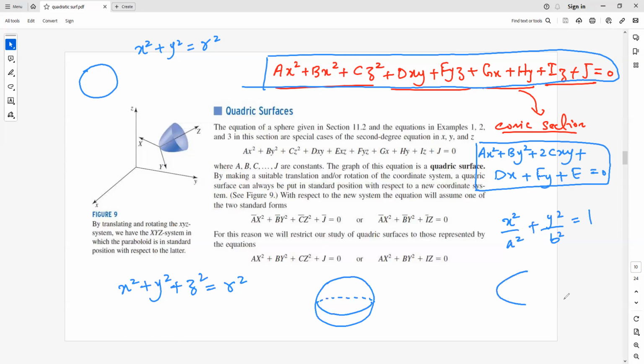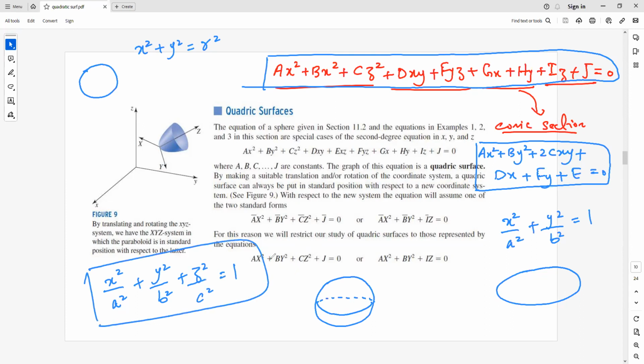this is an ellipse in 2 dimensions, but if we add one more dimension in this equation, let's see what happens. It's x squared over a squared plus y squared over b squared plus z squared over c squared equals 1. Now this is the extended version of this ellipse in 3 dimensions.